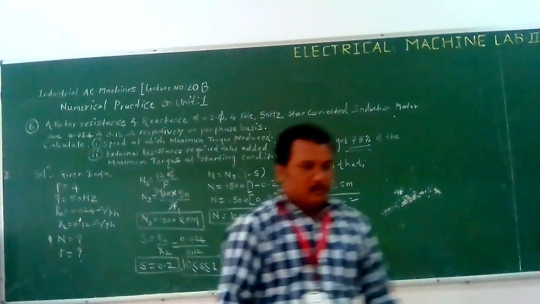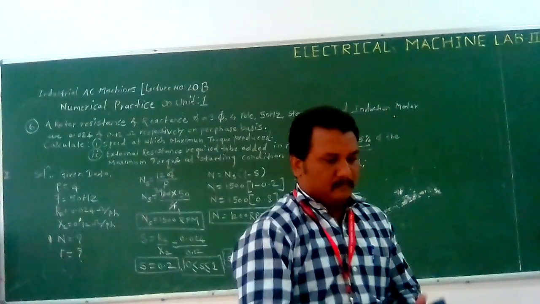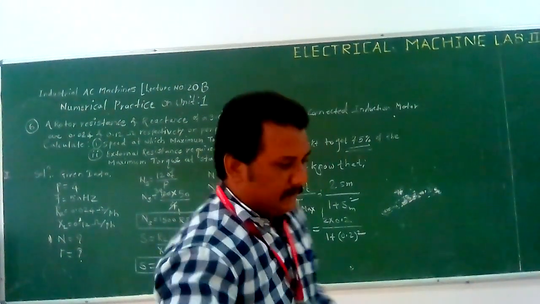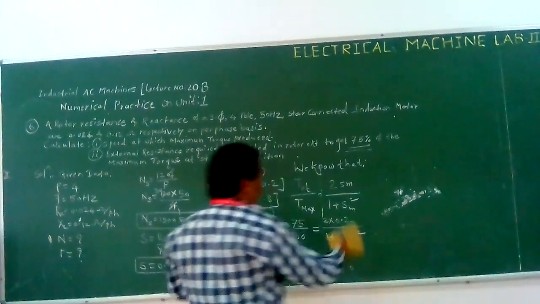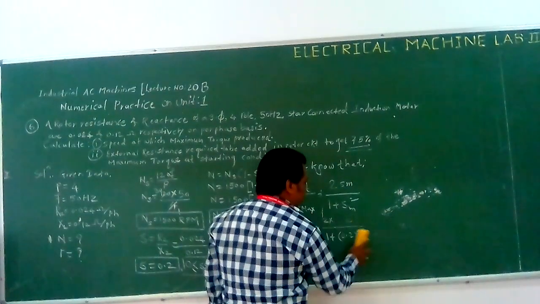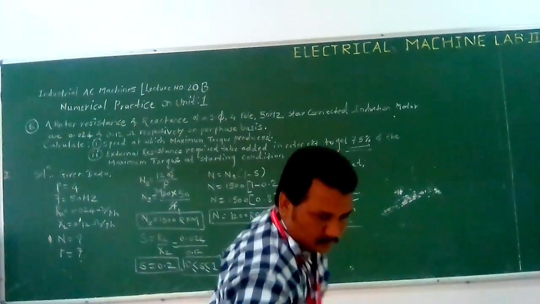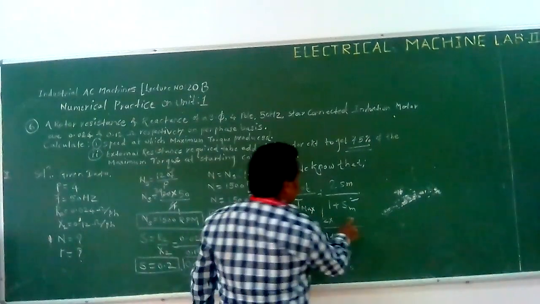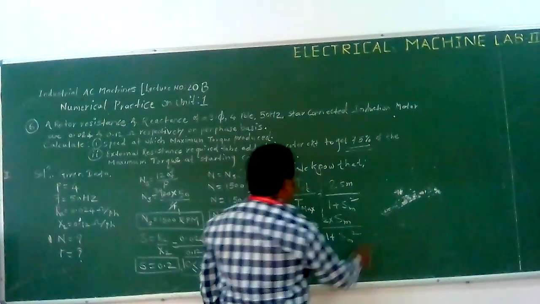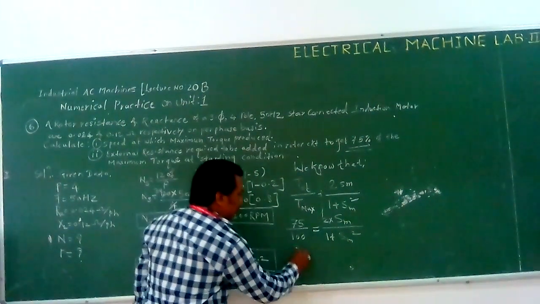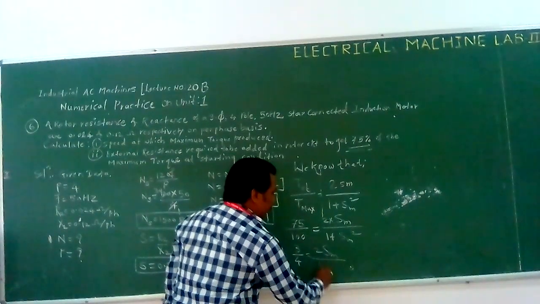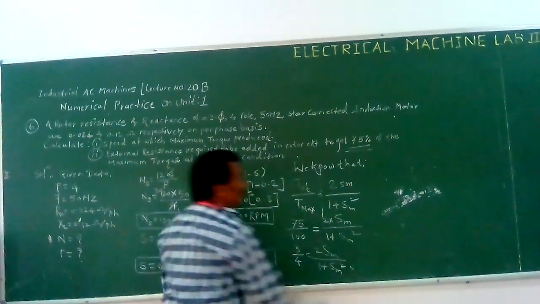Simplifying this, 3 upon 4 is equal to twice Sm divided by 1 plus Sm square.